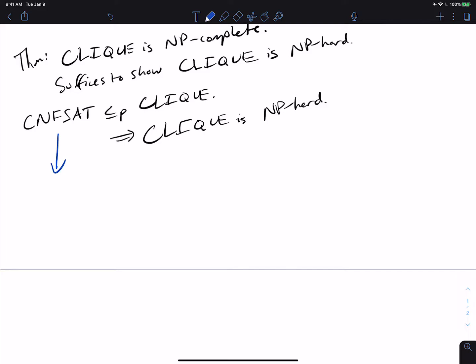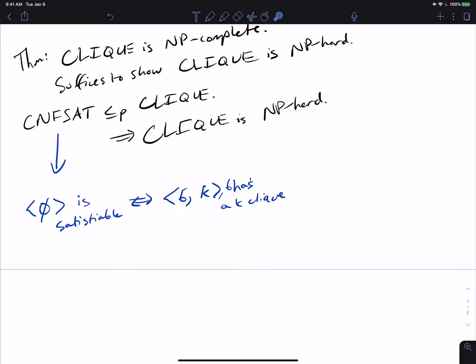Recall that in the CNF SAT problem, we're given a Boolean formula phi in conjunctive normal form, and it is satisfiable if and only if we apply some type of reduction which transforms this formula into a graph G and an integer K, and G has a K-clique.